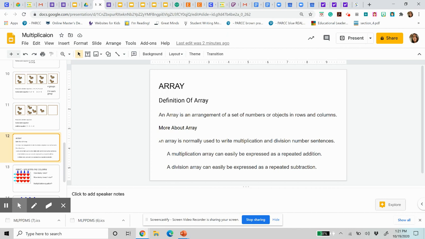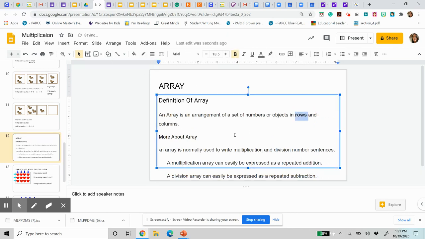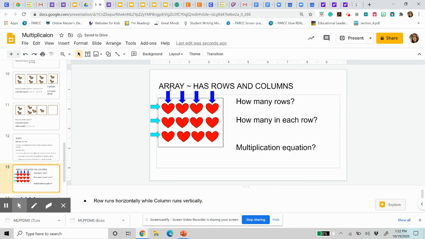Or you could do an array, which has rows and columns. Teachers do this too. Your rows run horizontally. These are rows, and these are columns.